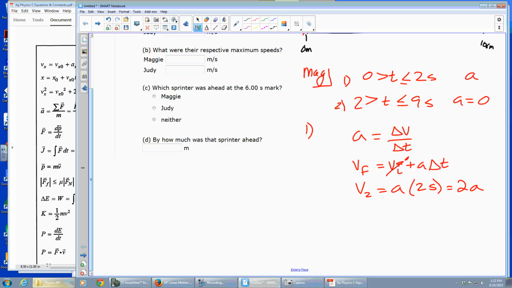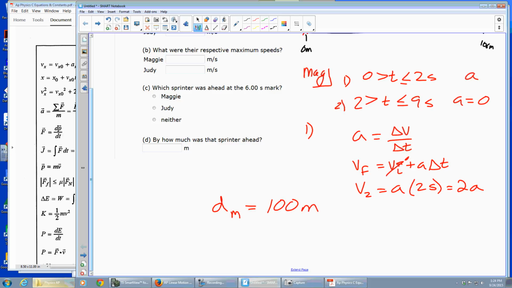Why am I doing that right away? I'll show you. Because I want to be able to describe her displacement in the parts. So her total displacement is going to equal 100 meters.